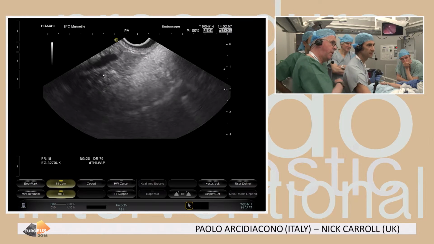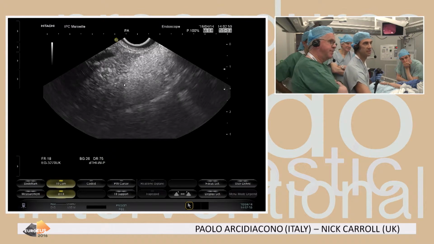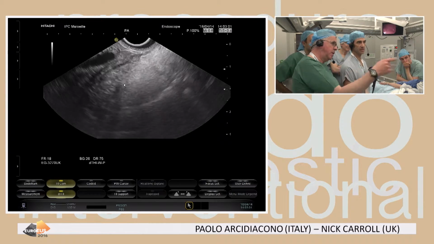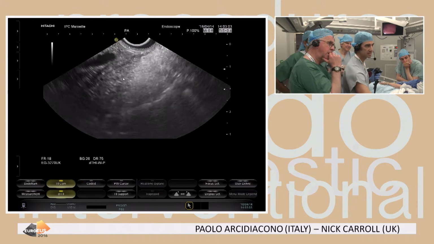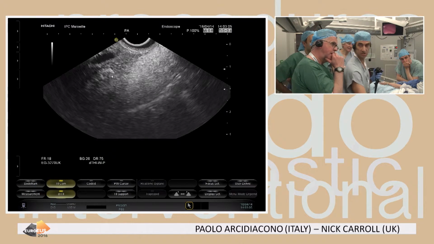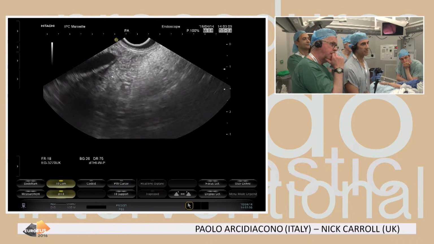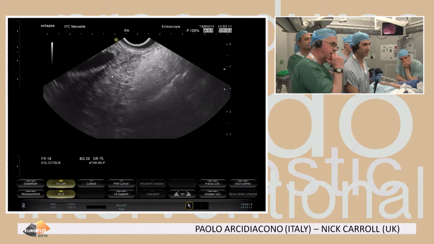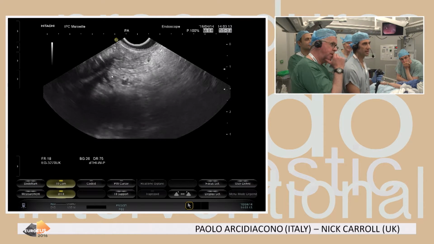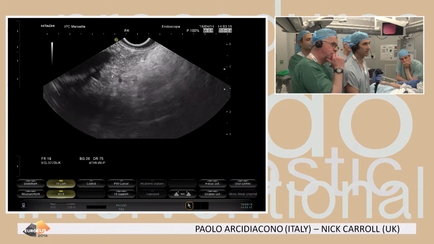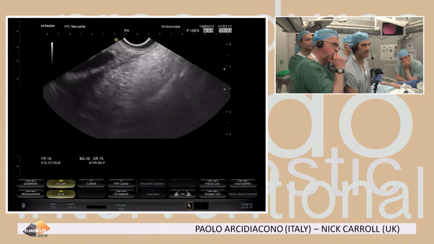This is the very nice appearance of the ventral part of the pancreatic head. There are some slight changes, some hyperechoic spots, that I don't know if Anand wants to comment on, about the possibility of a diagnosis of chronic pancreatitis in this case.